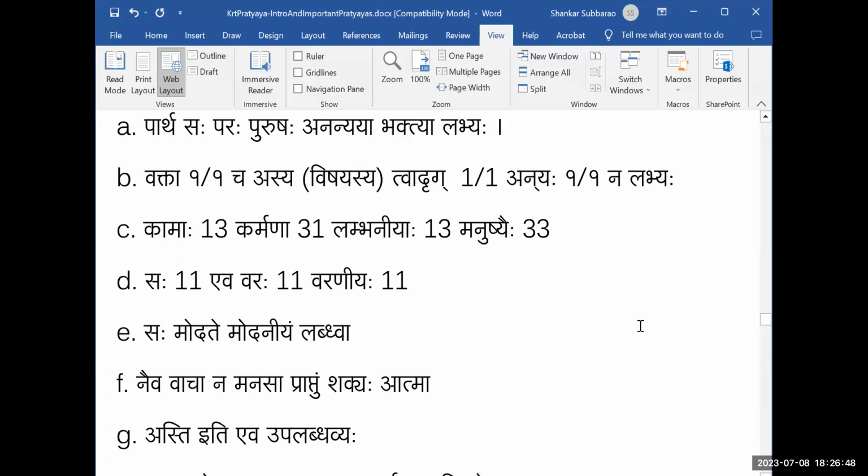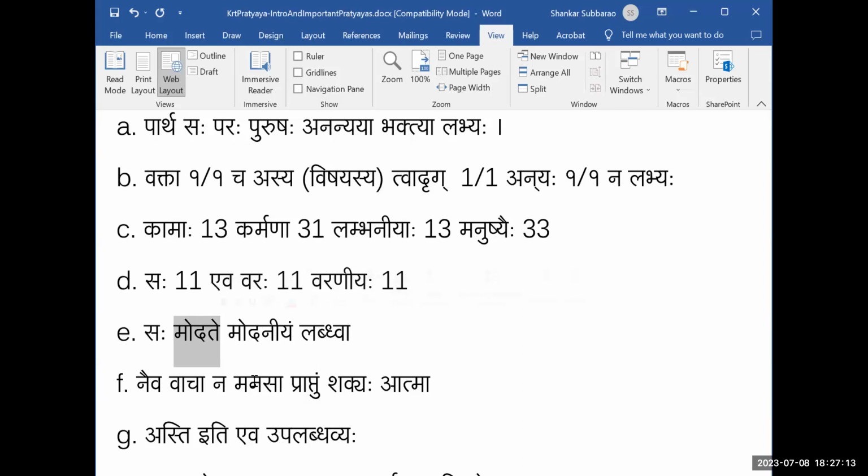Where will you start? Modate. Good. What will it mean? What dhatu? Mud dhatu. What prayoga? Kartari or karmani? We have to see whether it's kartari or karmani, by the lakara. Modate, modete, modante.